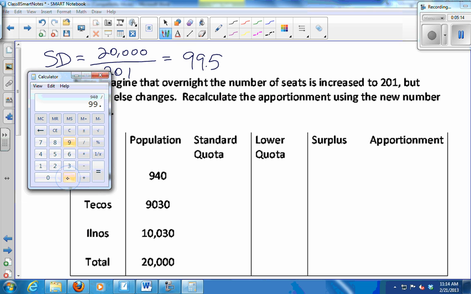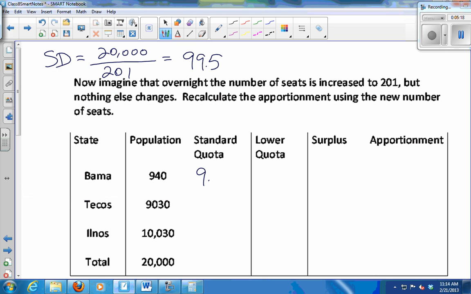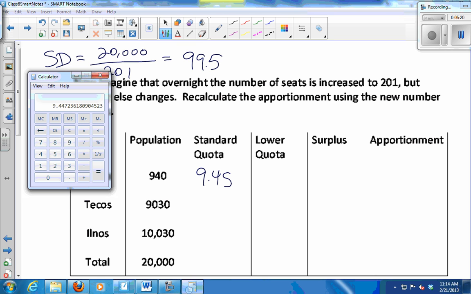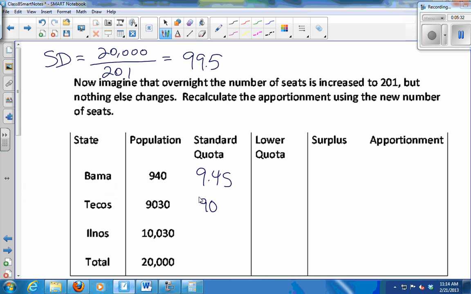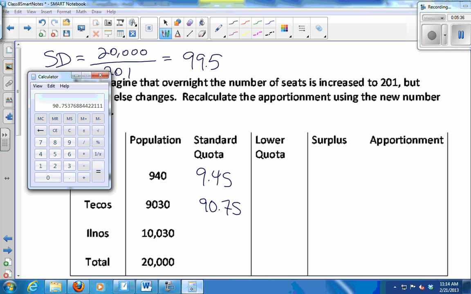940 divided by 99.5, 9.45. 9,030, oops, 90.75. 100.8.